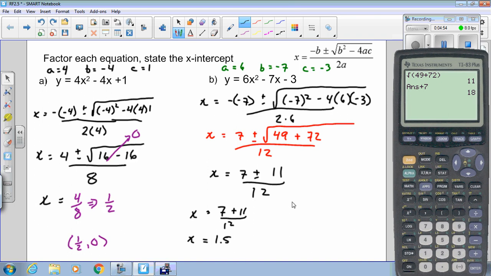My second root is x equals 7 minus 11 divided by 12. So that's 7 minus 11 divided by 12, which would give me negative a third. So x equals negative 1/3. And those are my two roots. That's how you use the quadratic formula.